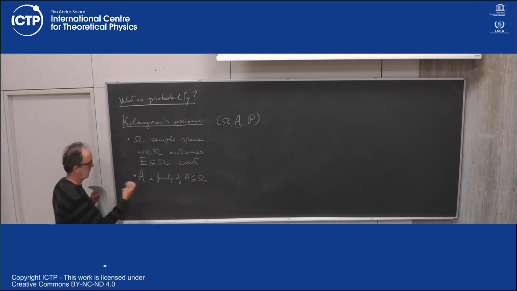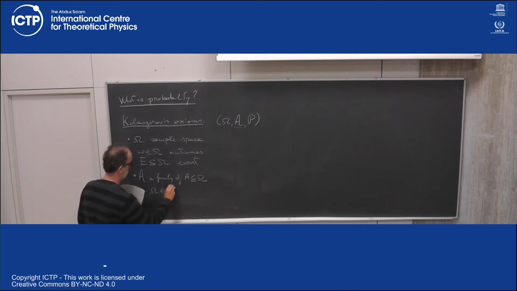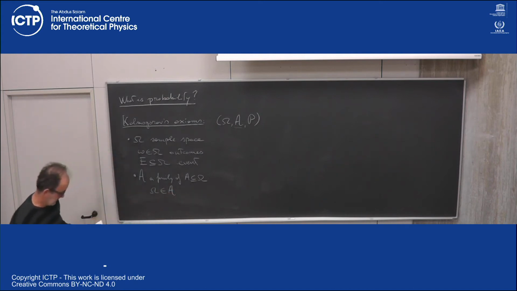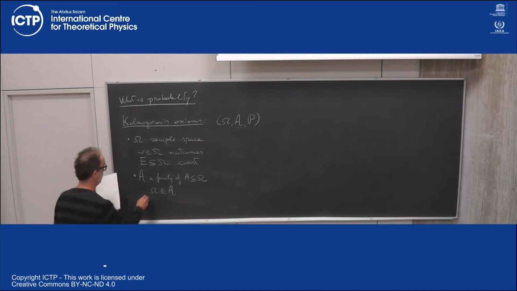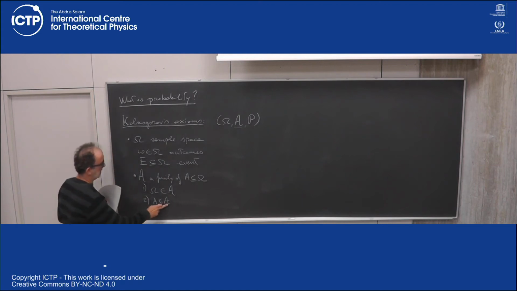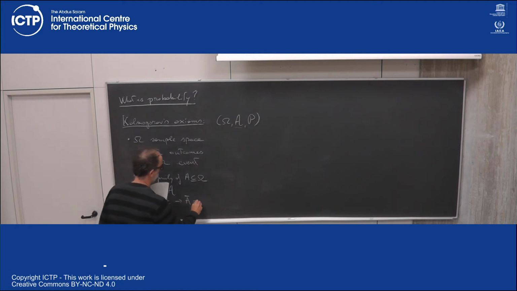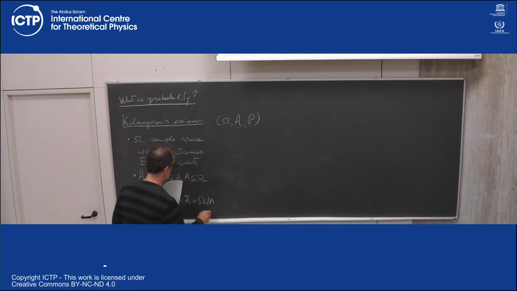And this family should be such that omega itself belongs to this family, and that if A belongs to this family, then also its complement belongs to it.